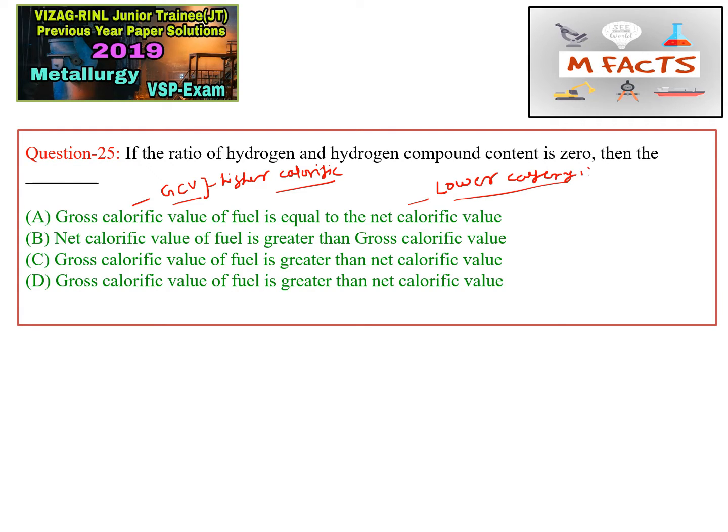We calculate the net calorific value after deducting the sensible heat and the latent heat, so this value will be lower. The lost heat is deducted from the gross calorific value to get the net calorific value.